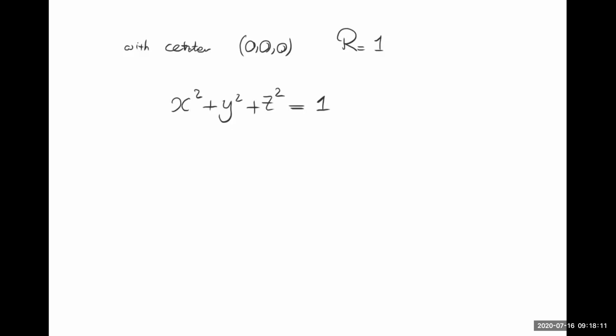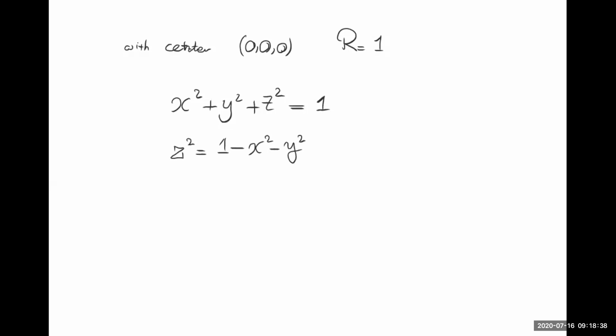Now, sometimes we can write everything in terms of one variable equals the rest. So for example, here we can write it as z squared equals 1 minus x squared minus y squared, right? I can take x squared and y squared to the other side. That's what I get.